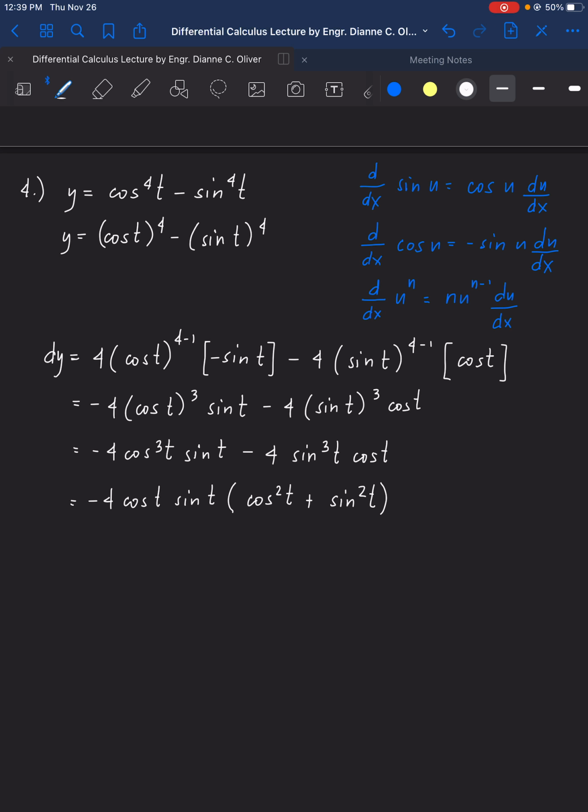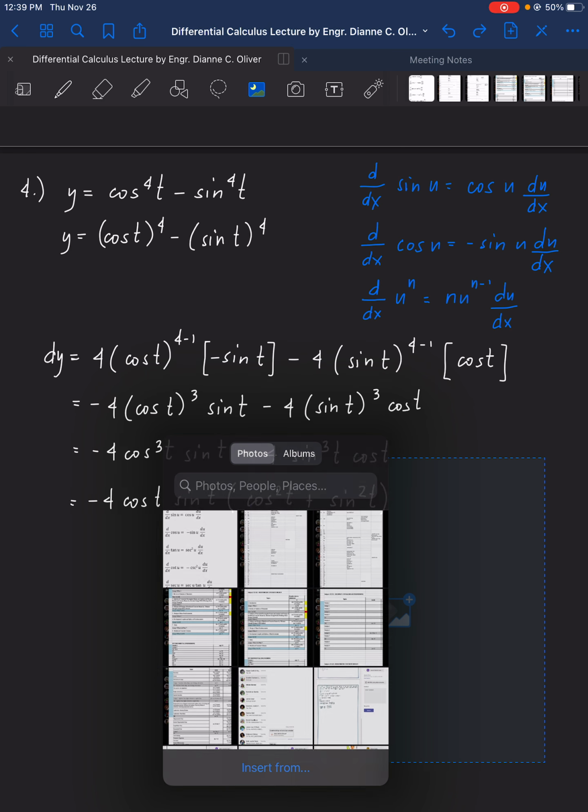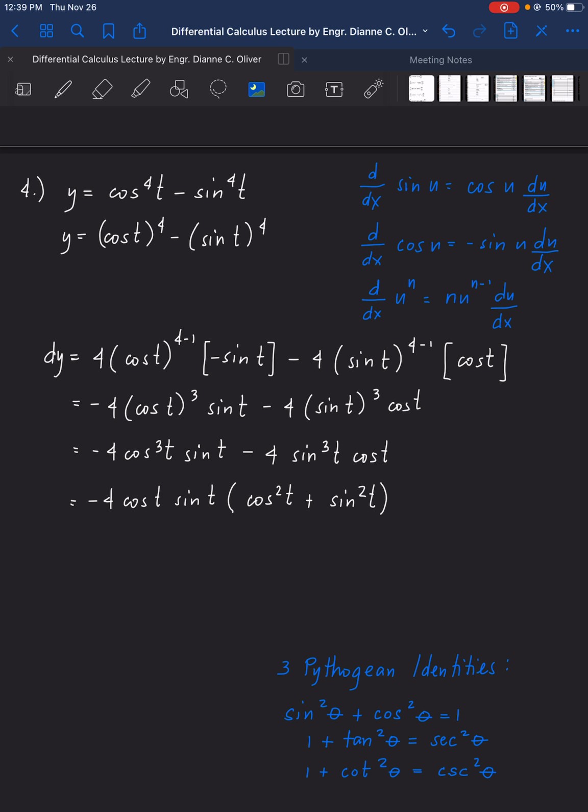And looking at this portion here, this is actually one of the Pythagorean identities. So these are the 3 Pythagorean identities. The first one is sine squared theta plus cosine squared theta is equal to 1. 1 plus tangent squared theta is equal to secant squared theta. Then 1 plus cotangent squared theta is equal to cosecant squared theta.